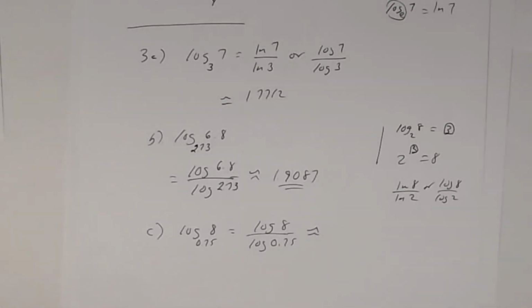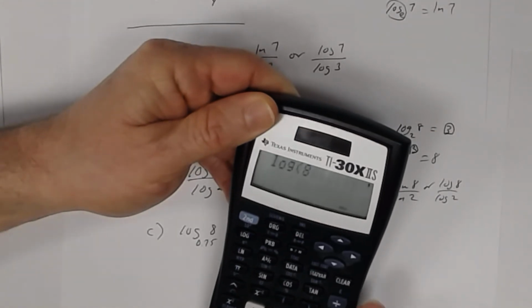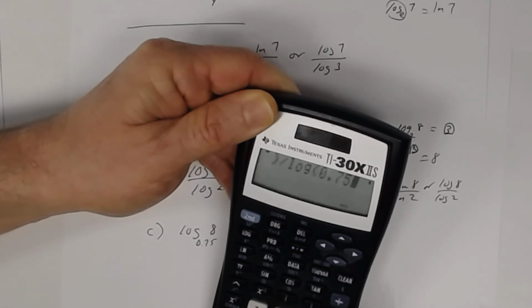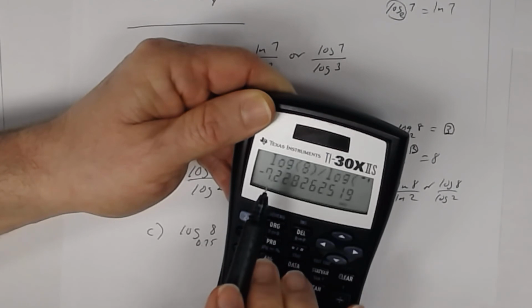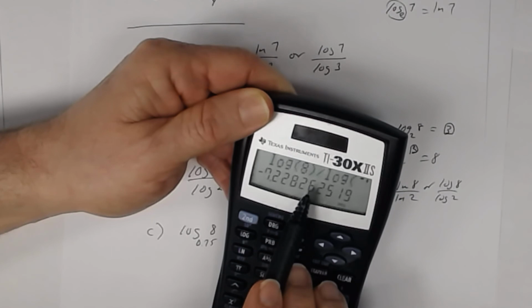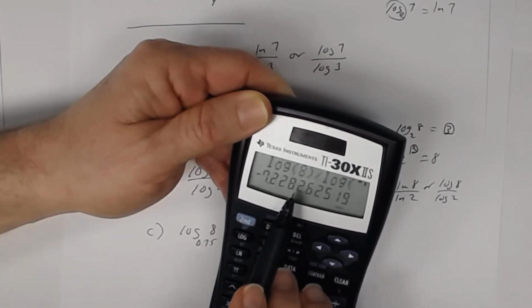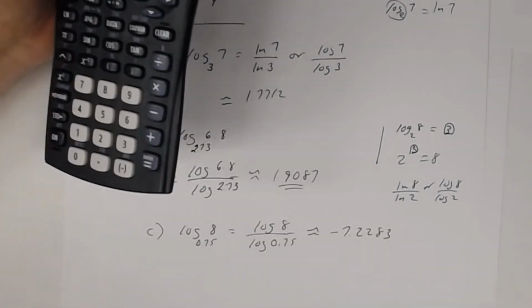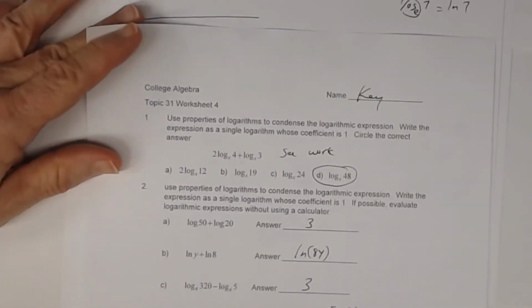We get the log of 8 divided by the log of 0.75, equal, and you get negative 7.228, and since the next digit is 5 or larger, this 2 becomes a 3. Make sure you know how to round off to 4 decimal places. So you get negative 7.2283.